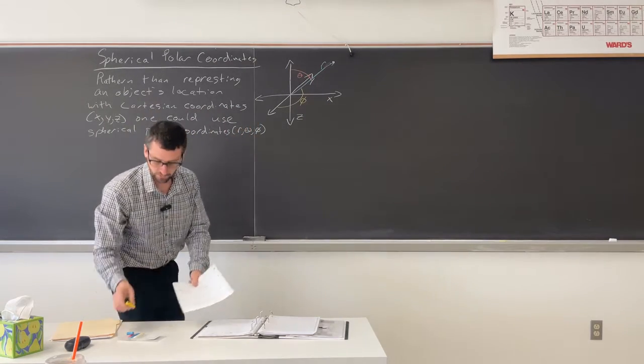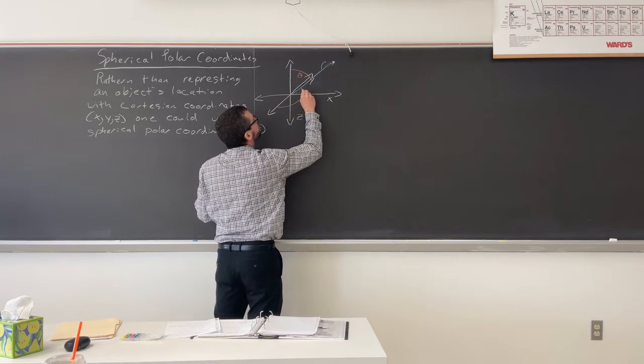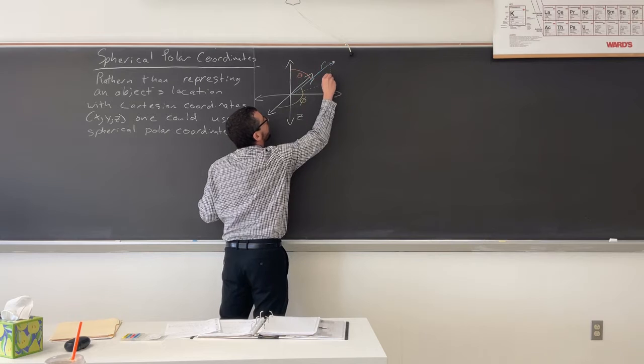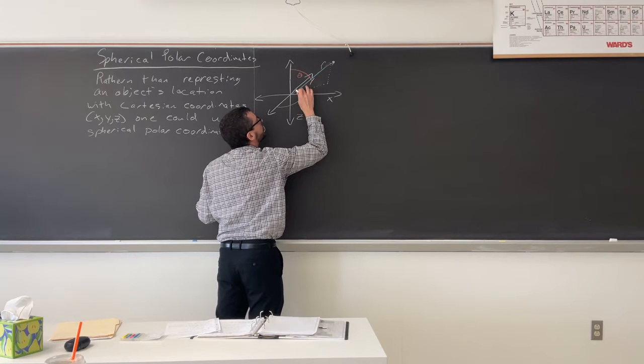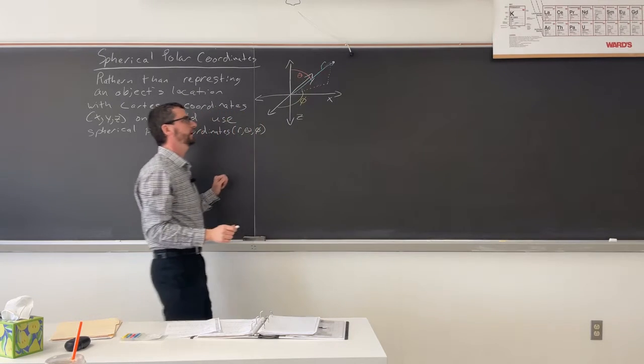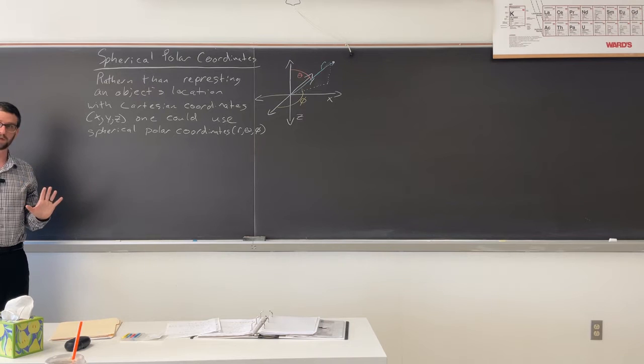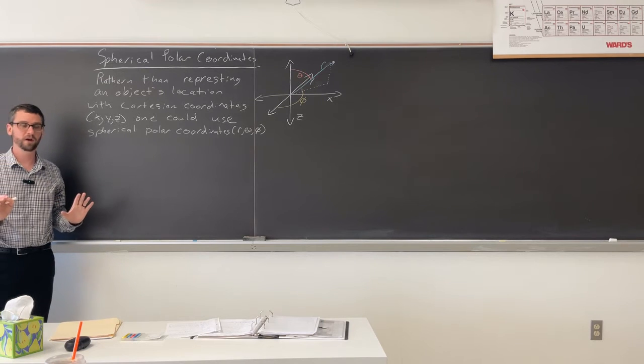Okay, so we'll try to represent this point. Actually, we should do the light one there. Do you guys feel like you understand what this 3D representation is trying to show?